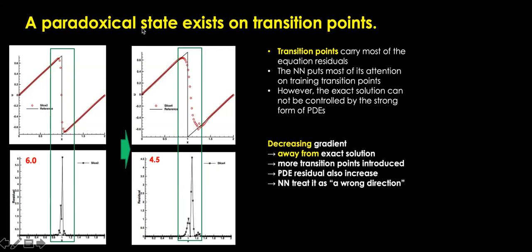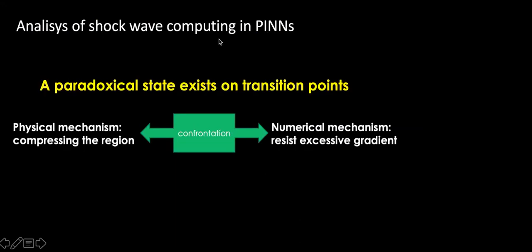In fact, it's very easy to understand why it happened. It is the midpoint between linear and nonlinear discontinuity, the physical compression process as we introduced. PINNs will simulate the physical compression process, so they will try to increase the gradient of transition points.